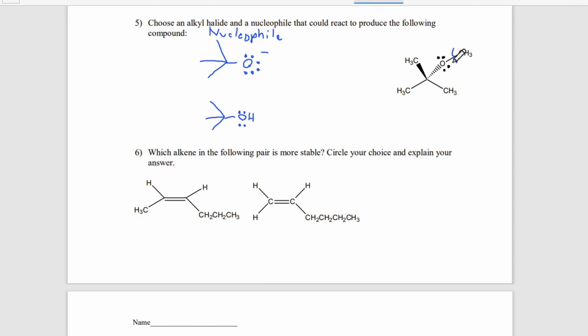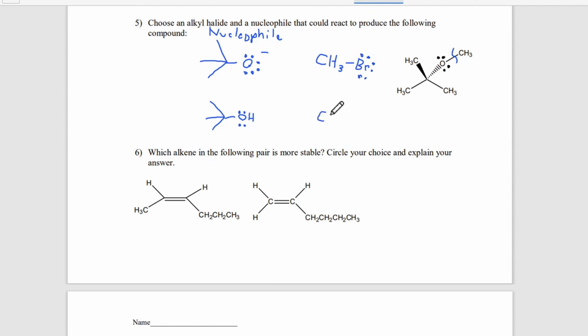Now, the other group would have to have been attached to some sort of leaving group, and you can make up whatever the leaving group is, but you want to pick something that's a pretty good leaving group. So chances are it would probably be like CH3Br or CH3I. Okay, you got a good leaving group here.